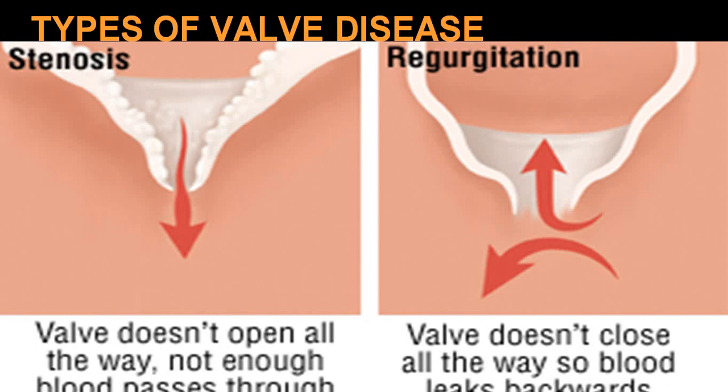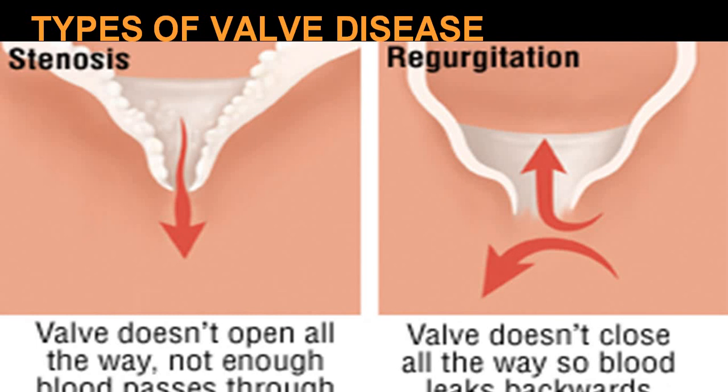Stenosis means the valve does not open completely, so the valvular ring area becomes less, and that produces resistance to blood flow from one chamber to another. Regurgitation means the valve does not close completely, so blood regurgitates back from one chamber into the chamber where it is not supposed to flow.